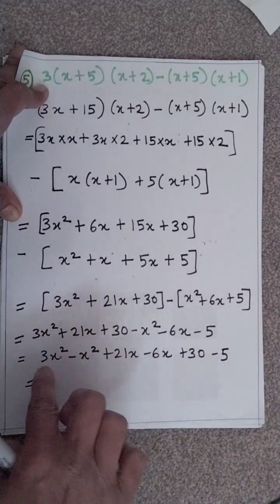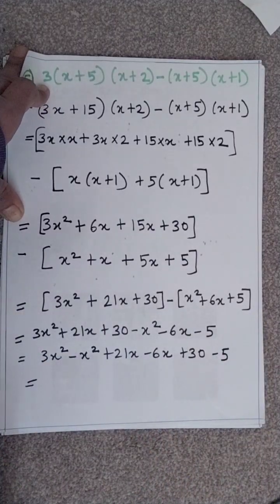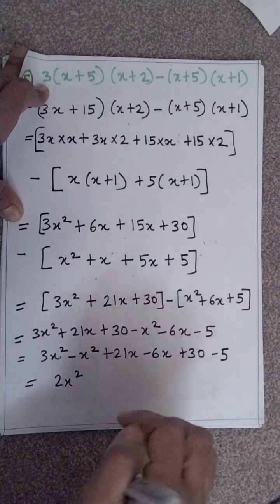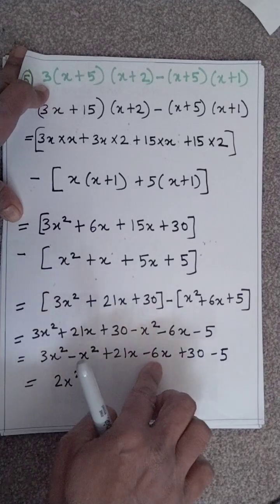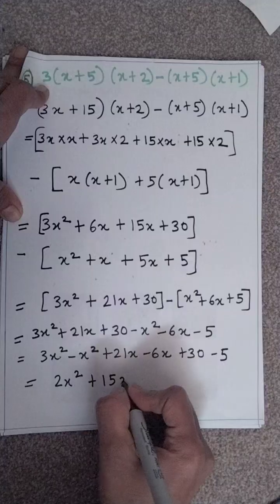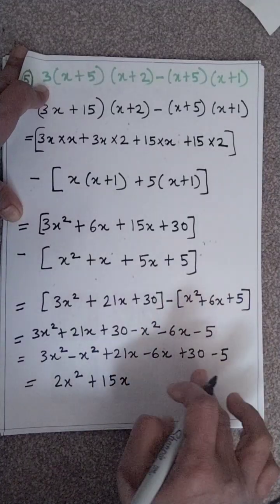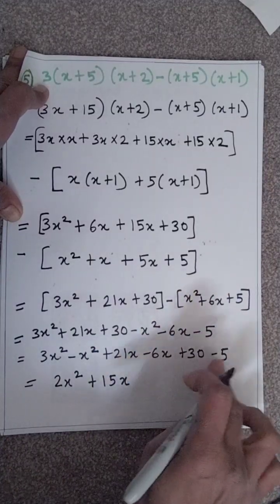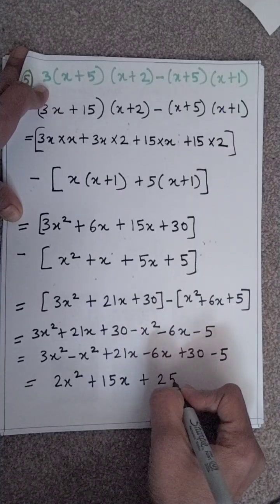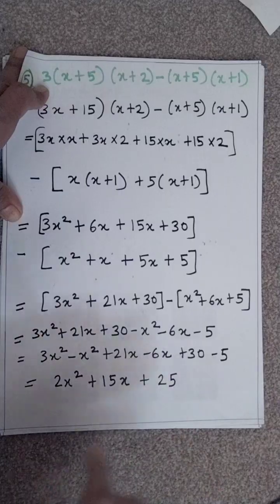Is equal to 3x square minus x square is 2x square, plus 21 minus 6 is plus 15x, 30 minus 5 is plus 25. So this is the required answer.